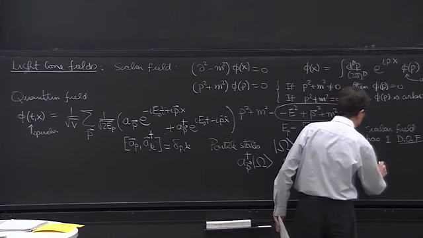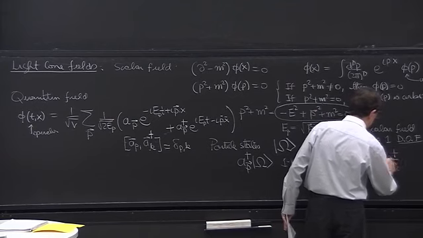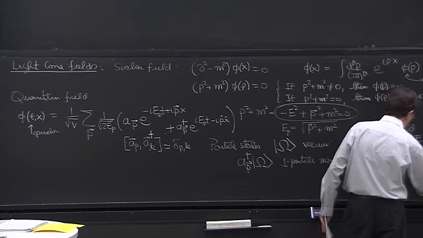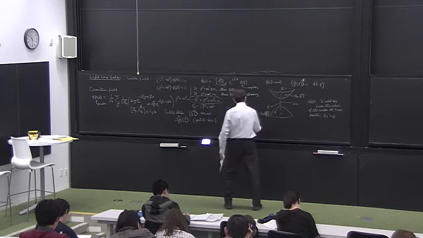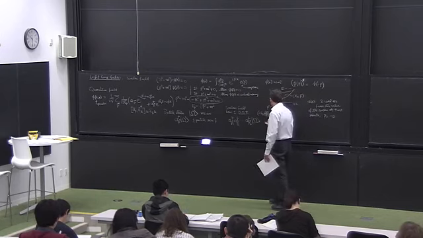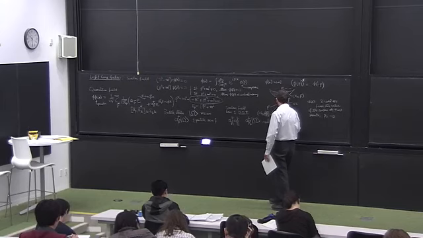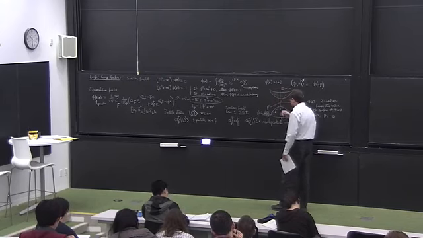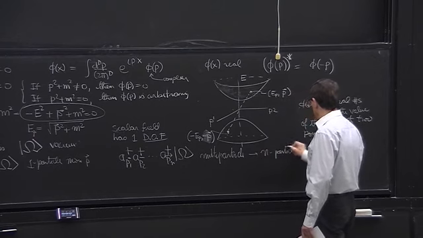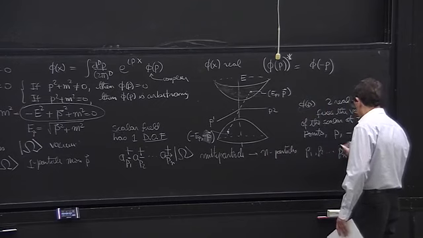If you have AP1 dagger, AP2 dagger, up to APN dagger on the vacuum, that's a multi-particle state. Cool. And it's n particles with momenta P1, P2, up to Pn.